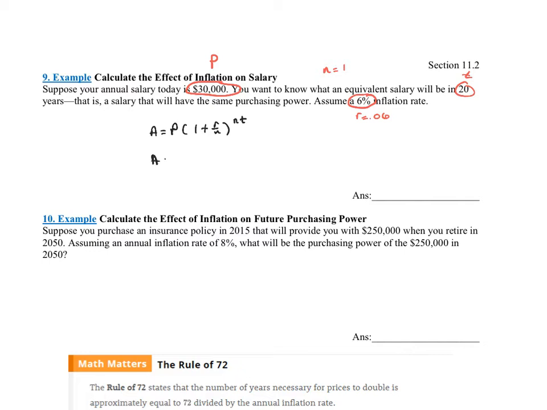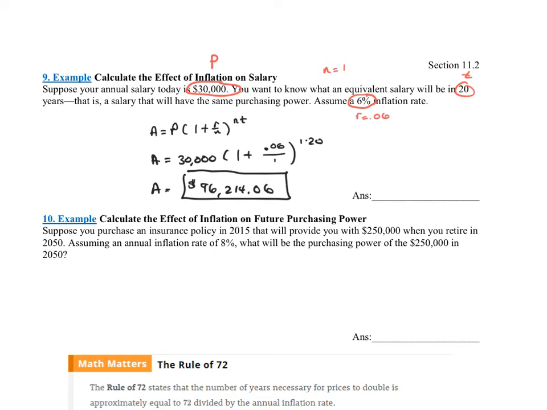So here we're going to have A equals P. Our initial amount was $30,000. We do 1 plus our R value, 0.06, divided by 1 because it's compounded annually, raised to 1 times 20. Go ahead and plug that into your calculator now and see what you get. I'm getting a total value of $96,214.06.